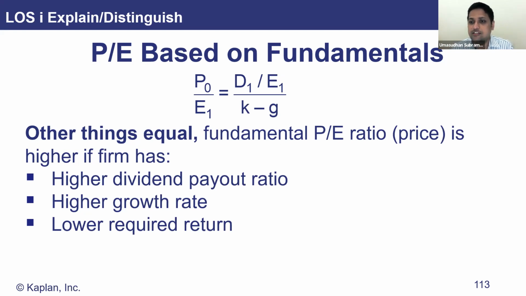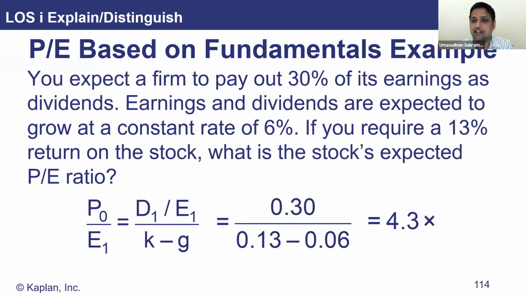So what we are trying to generalize here is that if a company has a lower required rate of return, the stock is considered to be less risky, and that should have a higher PE ratio. On the other hand, if a stock has a higher beta, that's going to increase the required rate of return, thereby reducing the PE ratio of the company. So based on this model, you should be able to understand how to calculate the PE ratio based on dividend payout for the next year, cost of capital and growth rate.